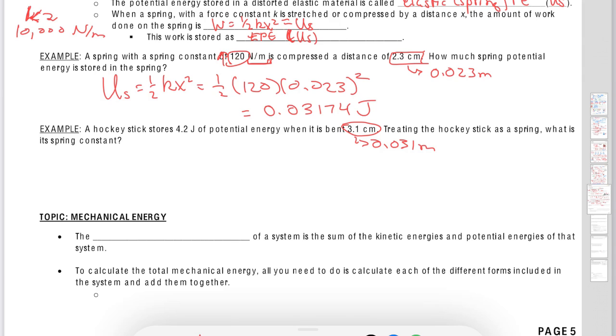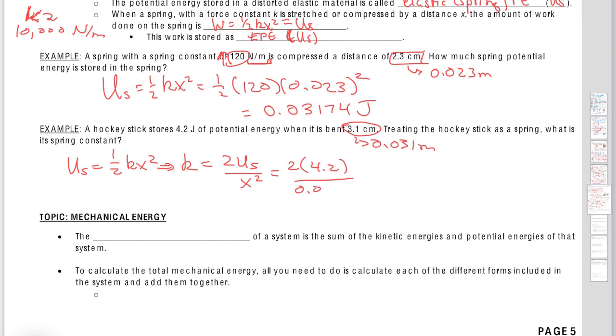If we treat the hockey stick as a spring, what is its spring constant? Here is our equation, and we solve this for k. You end up with 2U sub S over x squared. Now you just plug in your numbers: 2 times 4.2 over 0.031 squared.